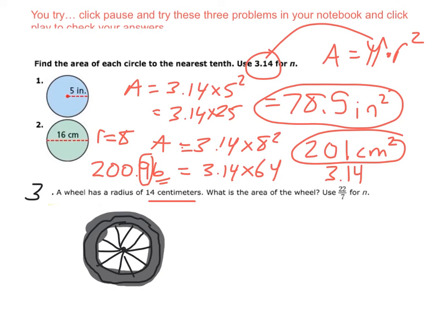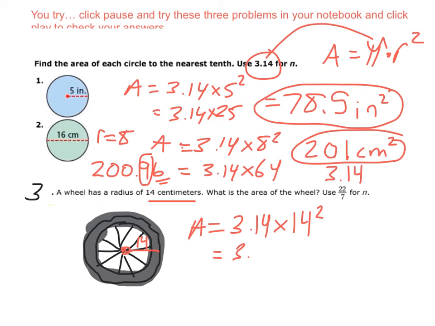For number 3, a wheel has a radius of 14 centimeters. So the radius is exactly what we want. It's the distance halfway across the circle. So A equals, I'll use 3.14 first, times 14 squared. 14 squared is a pretty big number, so I have to use a calculator. 14 times 14 is 196.